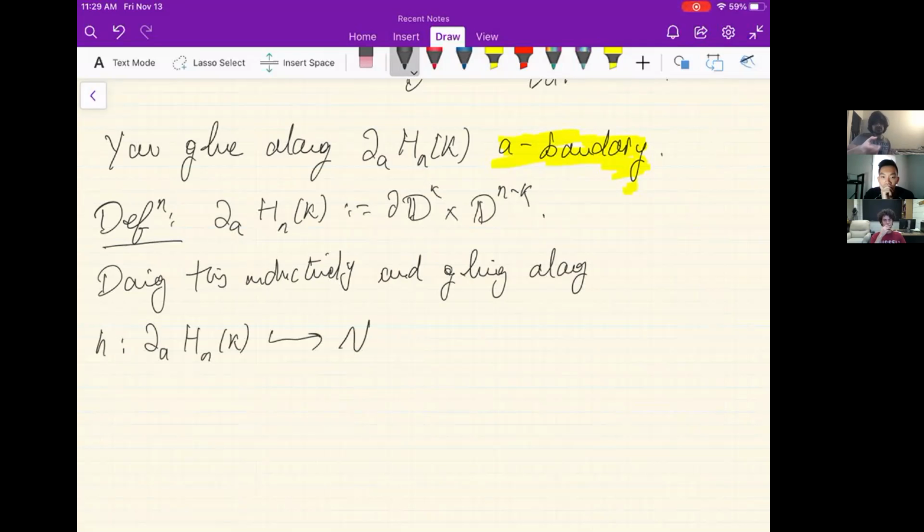So now I'm just trying to illustrate what happens in the middle of this inductive process. So you get N prime, you define it to be N glued along h_k. And you repeat as many times as you have critical points, correspondingly to the index, and so on and so forth.